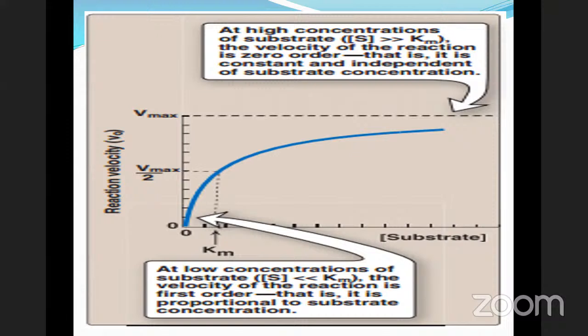At the higher concentrations, where substrate is very much greater than your Km, as mentioned, we have the concept of saturation. So the velocity of the reaction is zero order, meaning it is nearing a constant and independent of substrate concentration because it is nearing its maximal velocity.